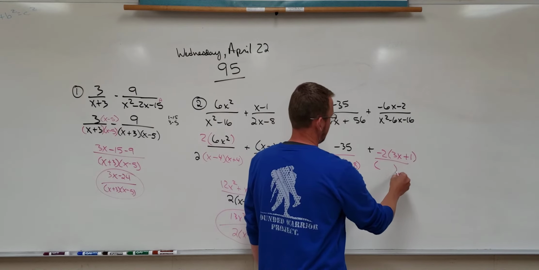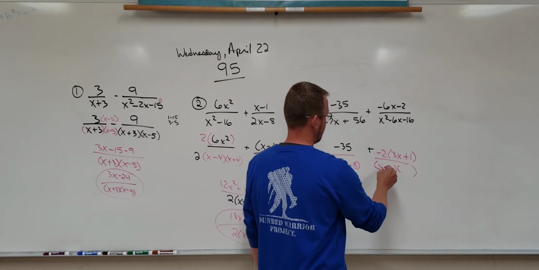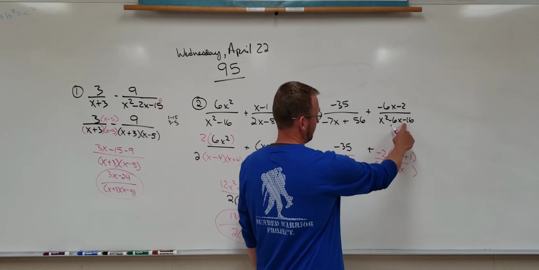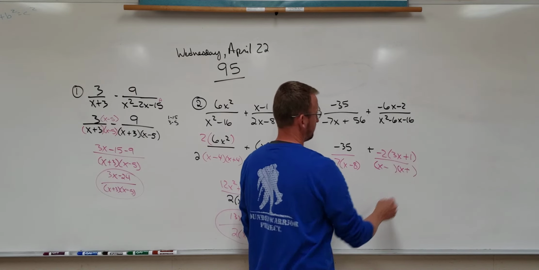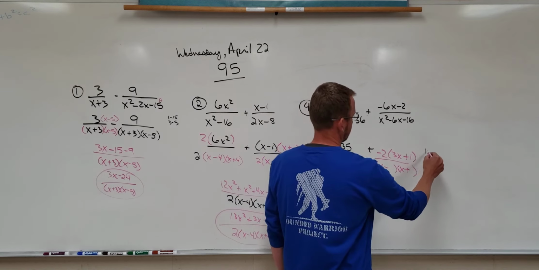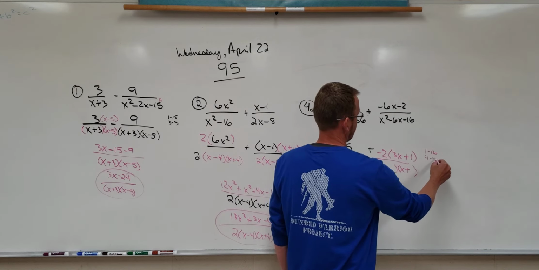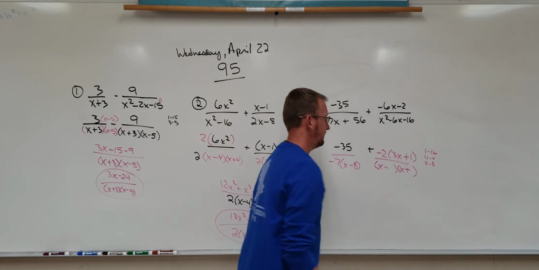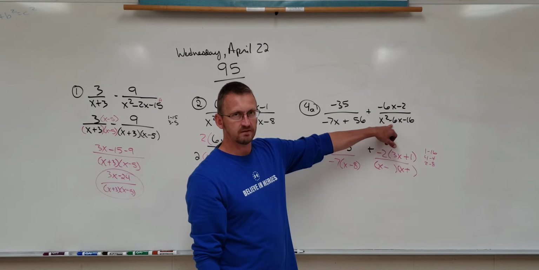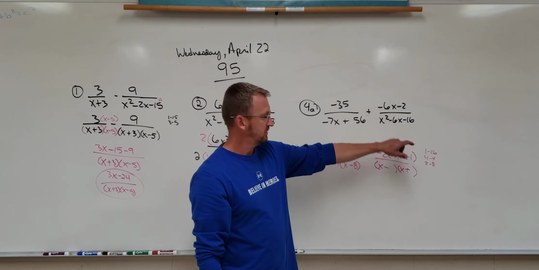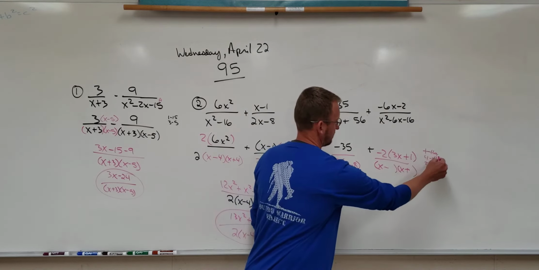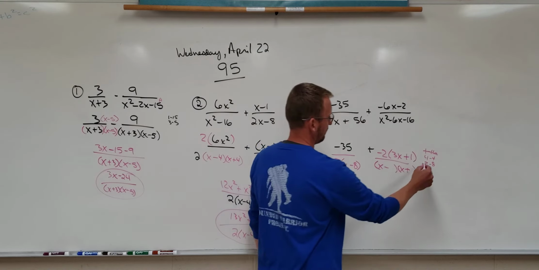We need to factor on the bottom. X, negative, so I'm going to have a negative and a positive. Factors of 16 are 1 and 16, 4 and 4, 2 and 8, and I need to end up with a negative 6. 1 and 16 won't work. 4 and 4 won't work.